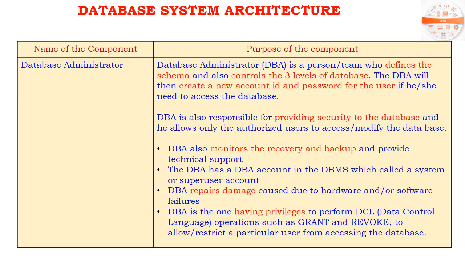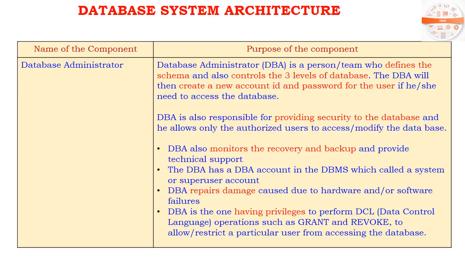The database administrator will create a new account ID and password for a user if he or she needs to access the database. The database administrator is also responsible for providing security to the database, and allows only authorized users to access or modify the database.